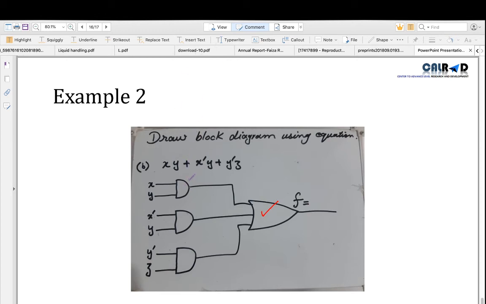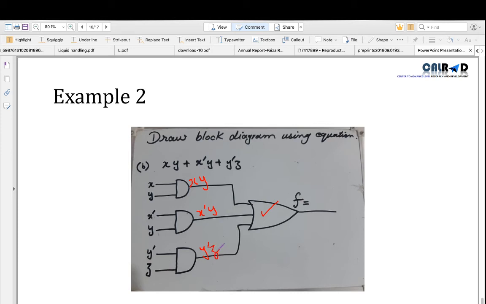The output for this is x into y, the output for this is x dash into y, and the output for this is y dash into z.